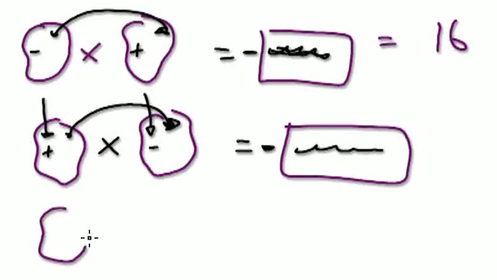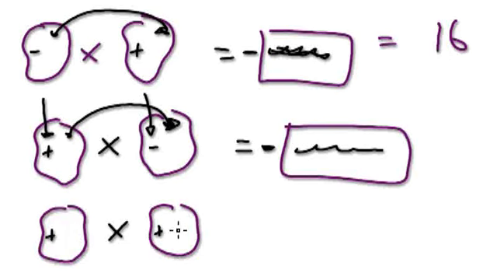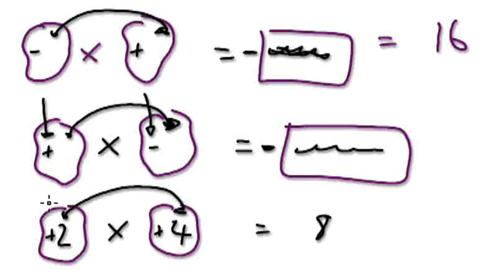Suppose you have two positives here. We wouldn't write the positive. We would just write 2 times 4, for example. Well, just get 2 times 4 as normal, which is 8, and because it's a positive and a positive, that leaves it as a positive.